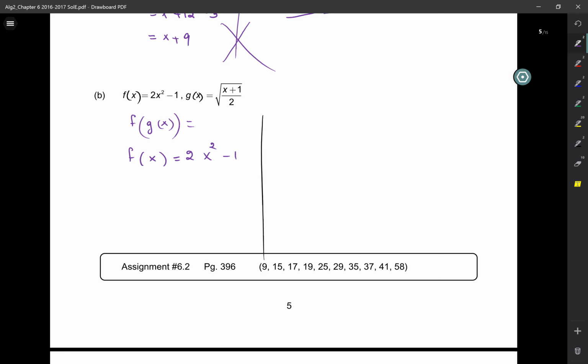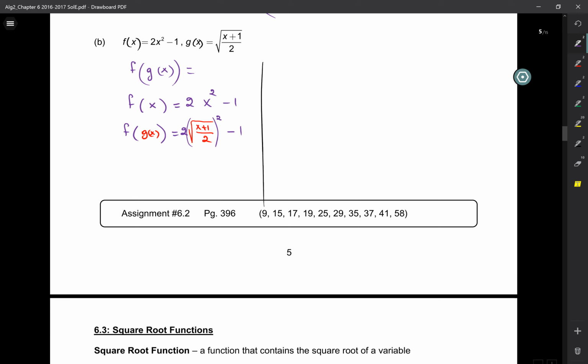Yeah. Yeah, so look at how this is going to turn out. So now I want f of g of x equals 2 times. What am I going to put in for x now? Right? And all that gets squared. So it's important that you have good bookkeeping skills so you don't lose sight of things.